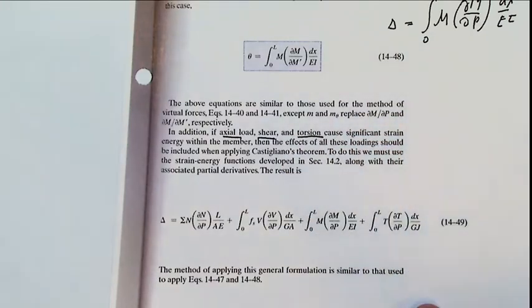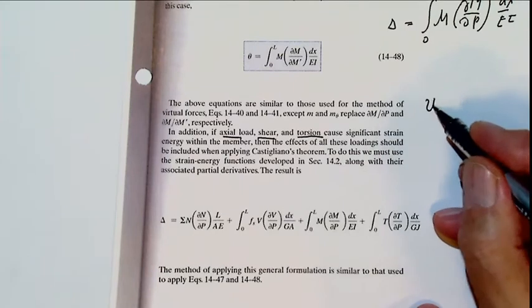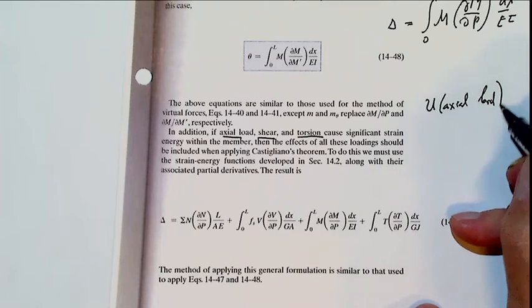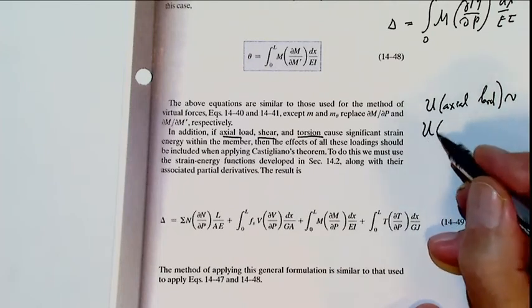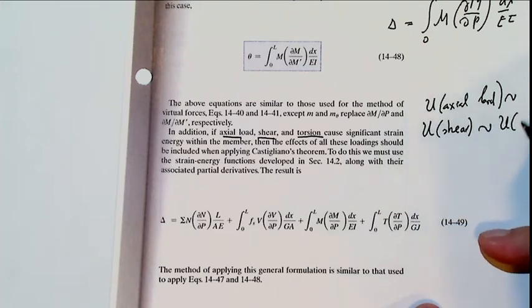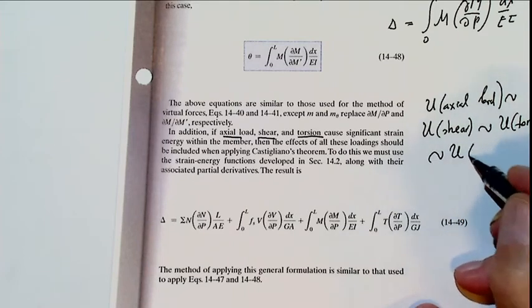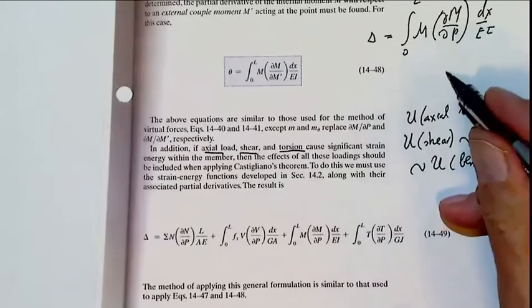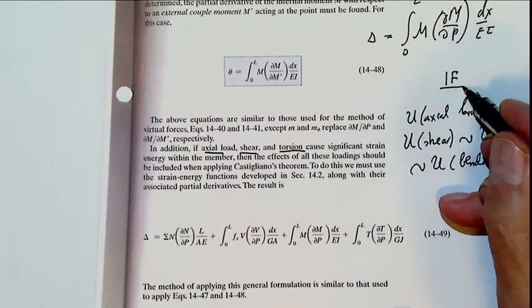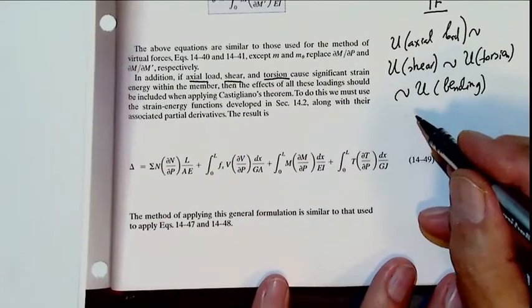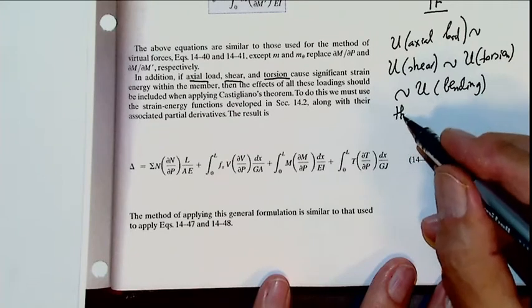If the energy of axial load is comparable to the energy due to shear, and it is comparable to the energy due to torsion, and this is comparable, of course, to the energy due to bending, then all should be included. That is, if, then we have to take them into account.